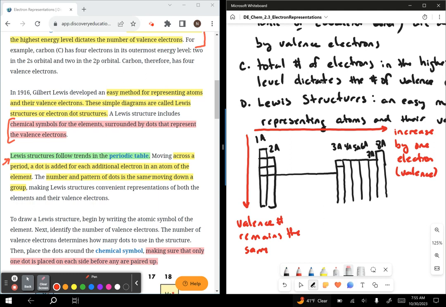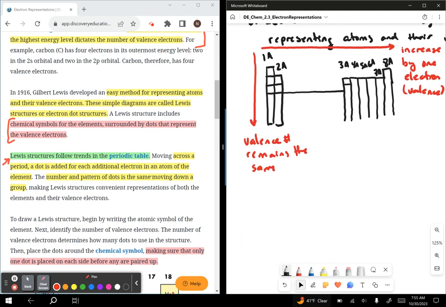Erase that guy. So if we were to go ahead and draw something like hydrogen, let's just get right to our examples. We could say that hydrogen is in the 1A group. It's the number 1, that's its atomic number. We could represent it as hydrogen, and we could say it has 1 dot.